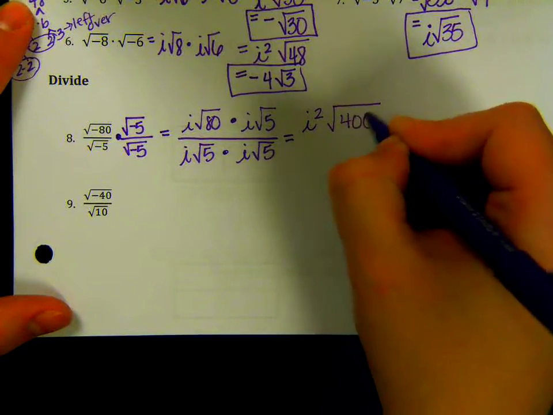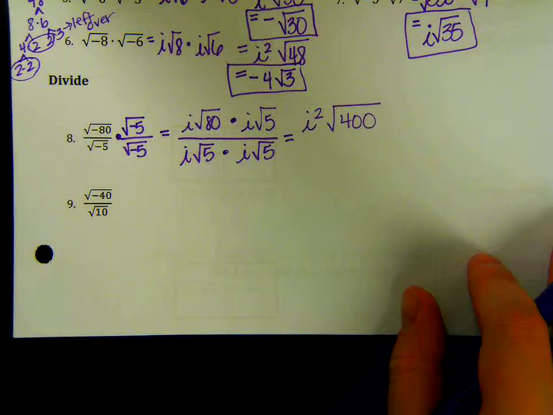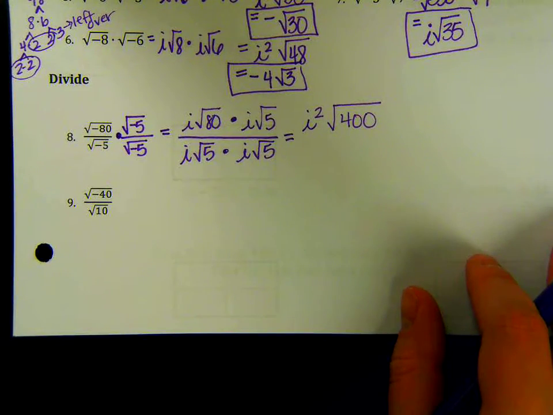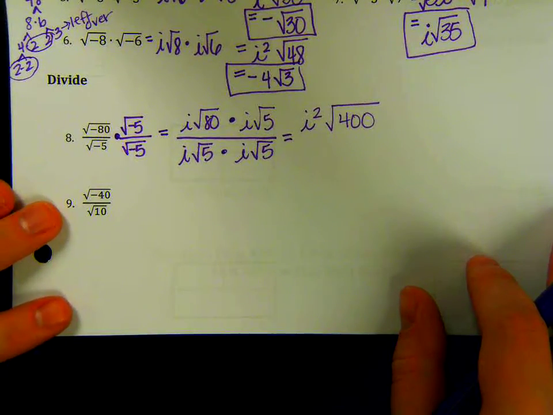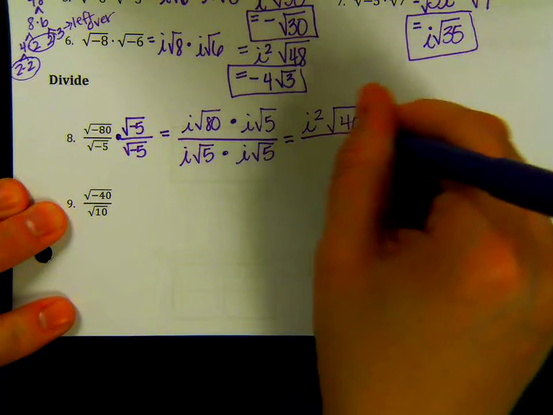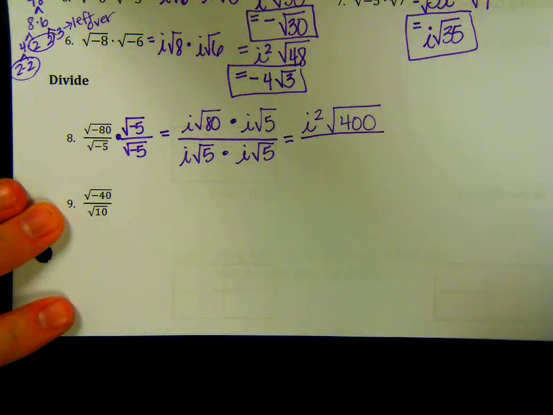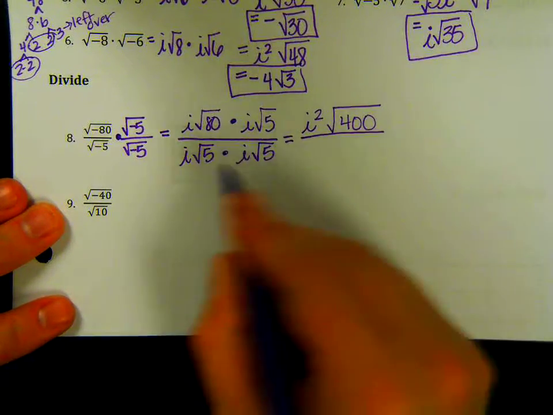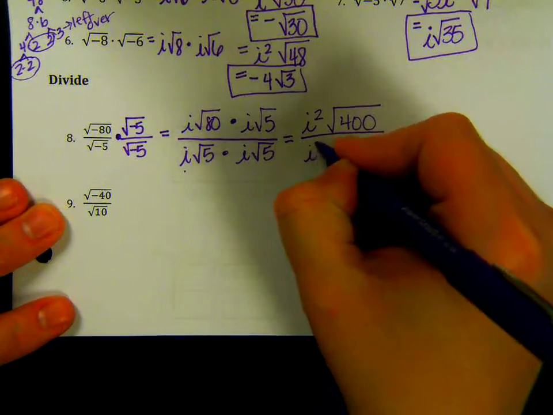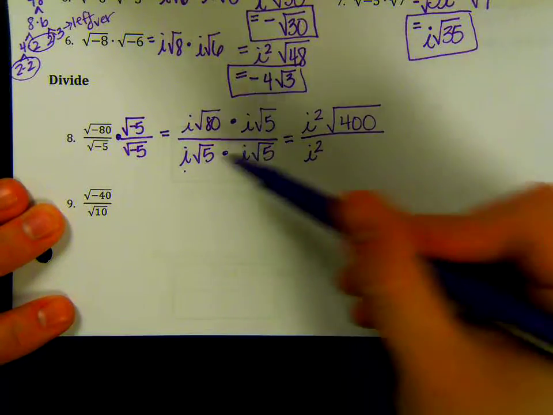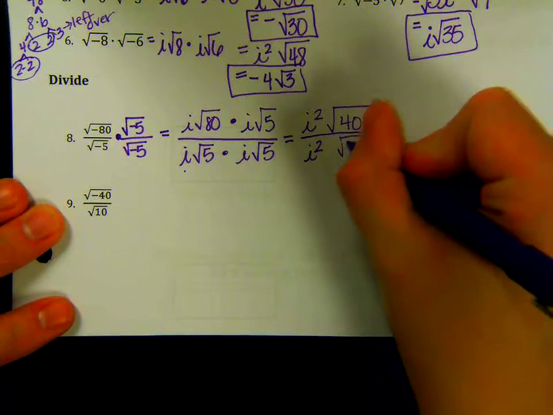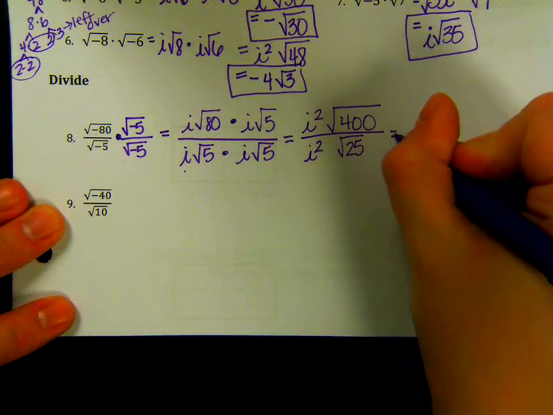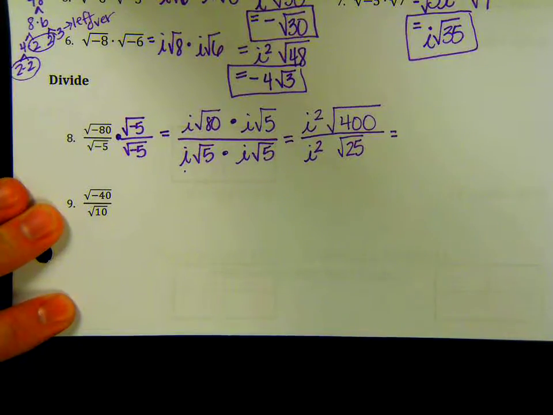Then we have i times i is i squared. And then 5 times 5, square root of 25. I squared is negative 1, so I have negative, and then square root of 400 is just 20.